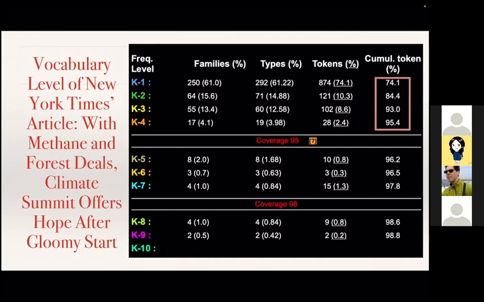So looking at this, it may be a vocabulary-wise difficult passage, because the first 1,000 covers a little lower than 80%.